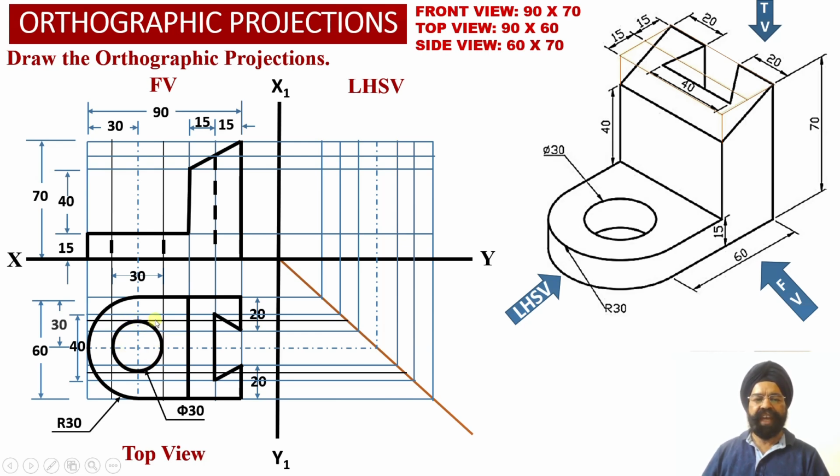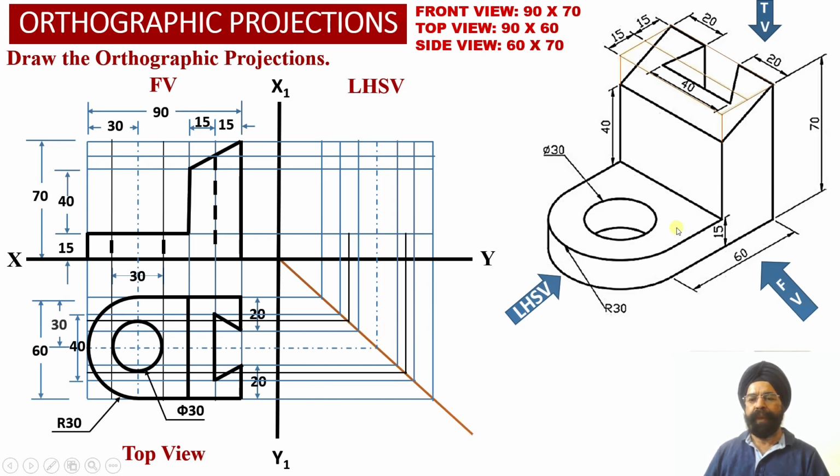Now we have to transfer this distance of 30 millimeter diameter from the top view projections into the left hand side view projections. So these two black horizontal projector lines we have marked corresponding to the diameter of this hole alongside the depth over here, and this distance we have appropriately transferred into the left hand side view using this transfer line.